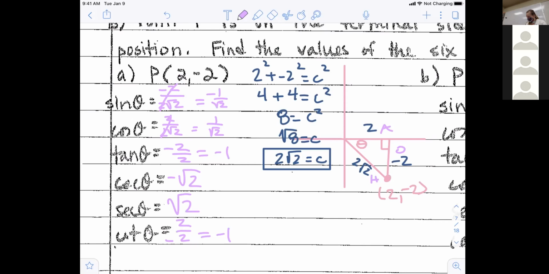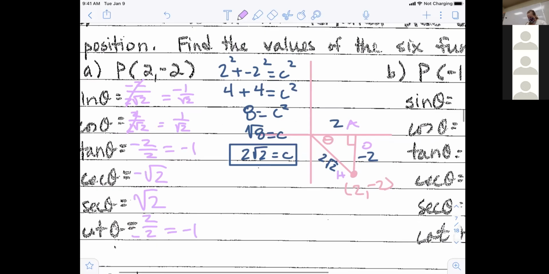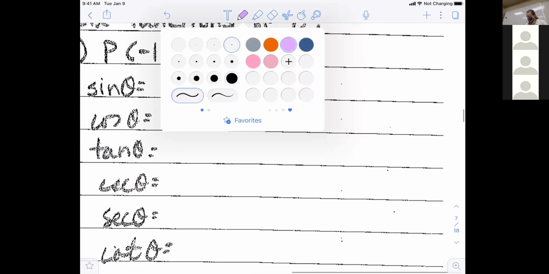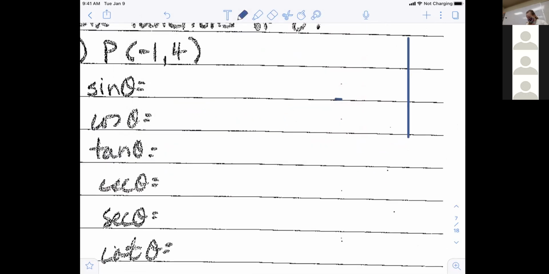All right, here it comes if anyone's waiting for me. (-1, 4) is in quadrant 2. The horizontal distance is -1, the vertical distance is 4.